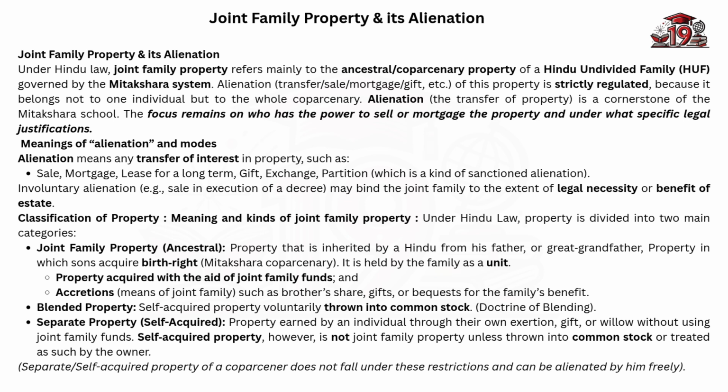Mitakshara coparcenary, it is held by the family as a unit. Property acquired with the aid of joint family funds and accretions, means of joint family, such as brothers' share, gifts, or bequests for the family's benefit. Blended property, self-acquired property voluntarily thrown into common stock.